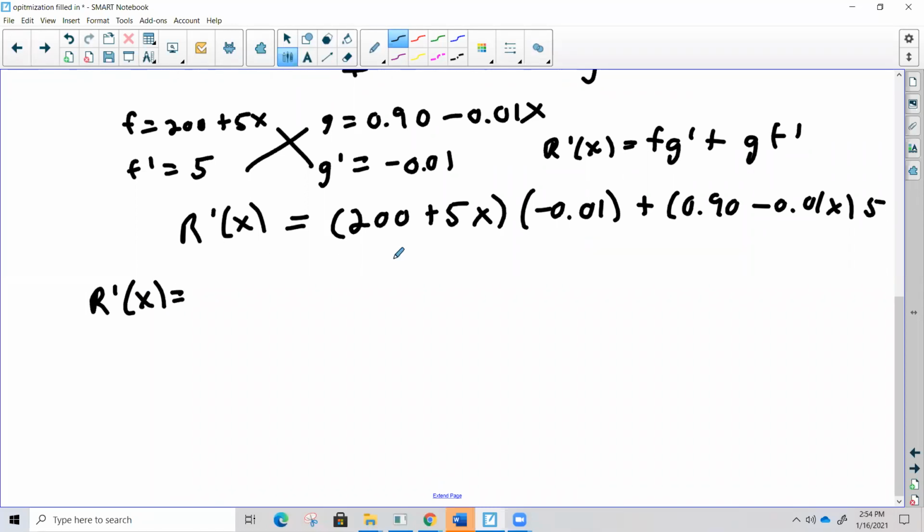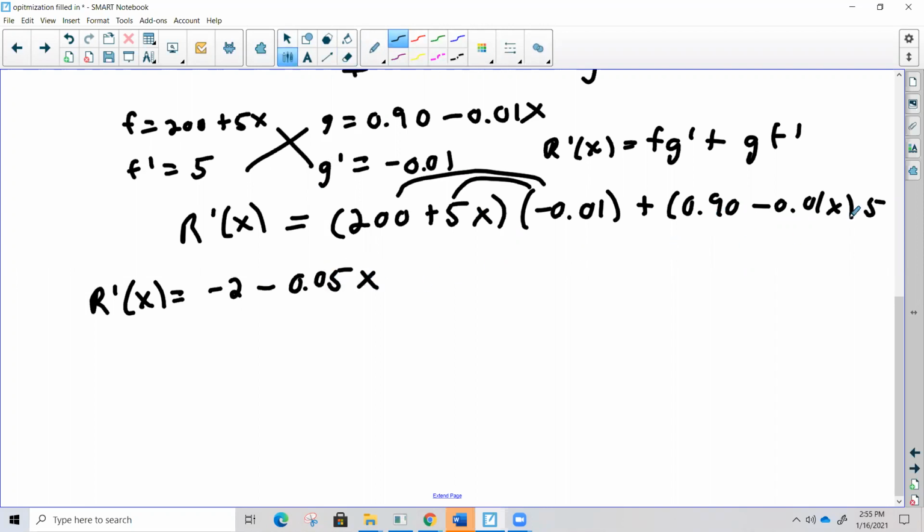Now, because I need to find where y prime of x equals 0 to figure out where our max is, I do have to now distribute and simplify. So probably distributing initially is faster, or doing FOIL initially, but I just wanted to show you a different way you could do it. So I'm going to multiply this negative 0.01 times 200 and times 5x. So I get negative 2 plus, and then 5x times negative 0.01, sorry, it should be minus or plus a negative 0.05x.